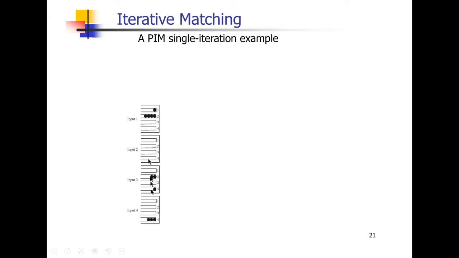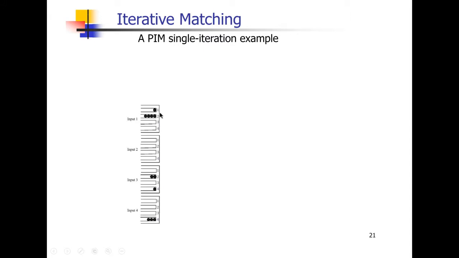Here you have a 4x4 switch, with 4 inputs, and in each input you see that there are 4 virtual output queues. The small balls, black dots, correspond to cells that arrived and are stored in the output queue waiting to be transferred.